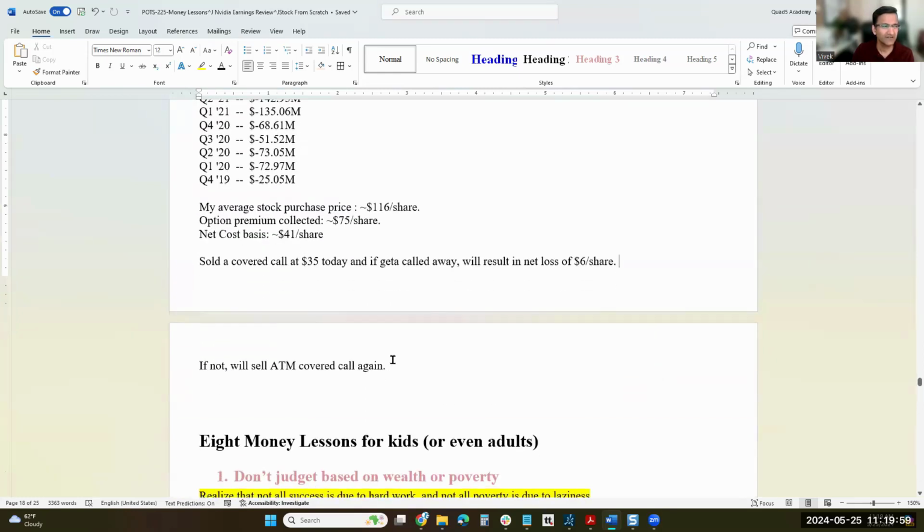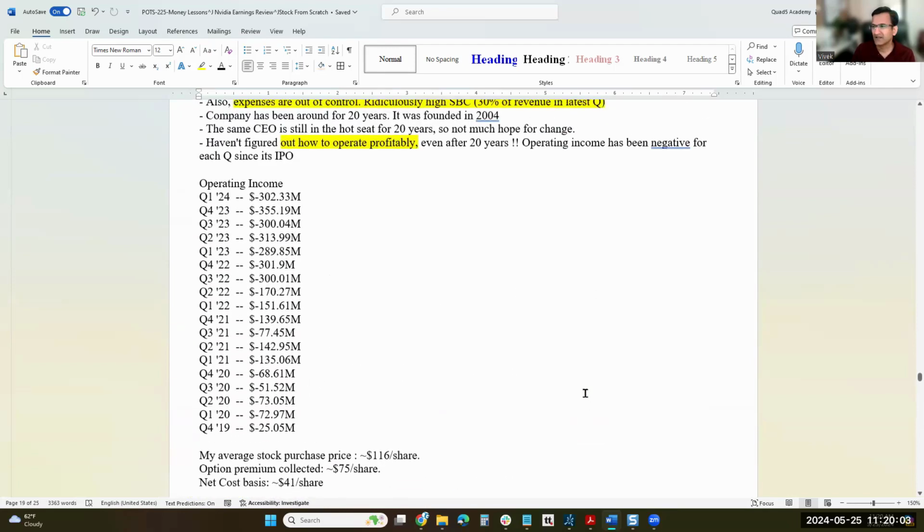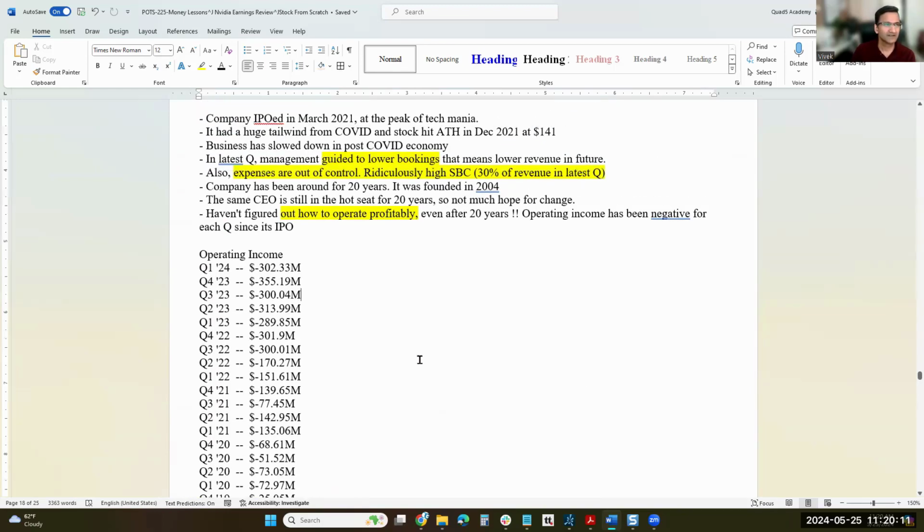If it doesn't get called away, I'll sell an at-the-money covered call again. So if you own Roblox, you decide for yourself what you want to do. But this is one stock where I'm like, okay, I'm done.